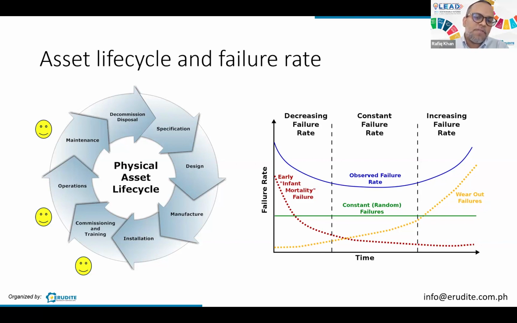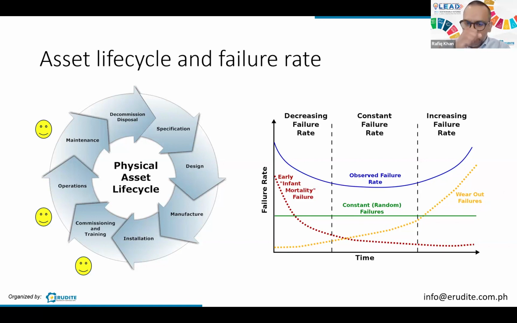After a certain period of time, it stabilizes. Not so many failures happen. And towards the end of its life, you see increasing failure rates. There is also a term called the Weibull analysis, where we look at when the asset is failing, at what stage of life, and the related problems that could have happened.